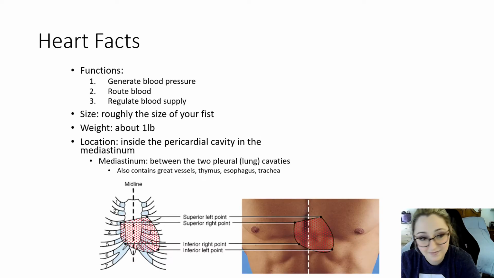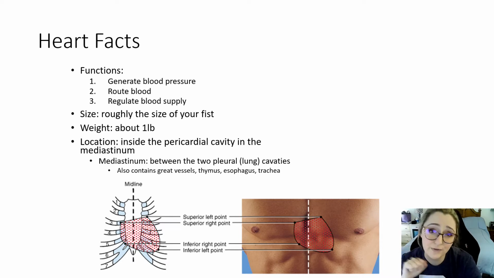So a few facts about your heart. One, let's talk about the functions. The functions of the heart specifically are to generate blood pressure, to route blood, so this is to kind of push blood through the body, and to regulate your blood supply. The size of your heart is roughly the size of your fist.